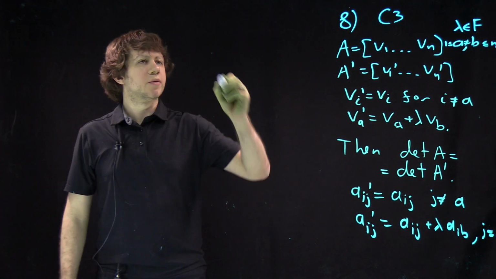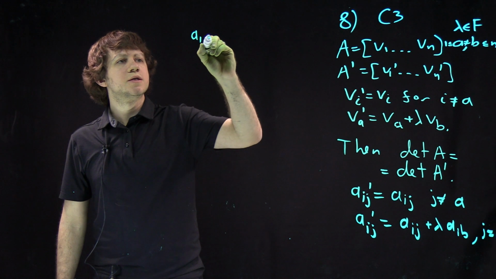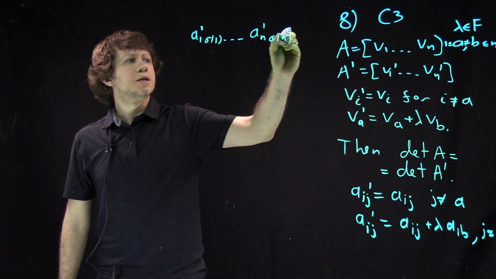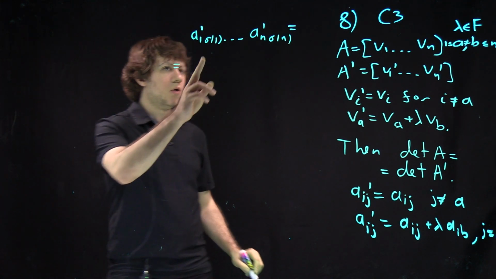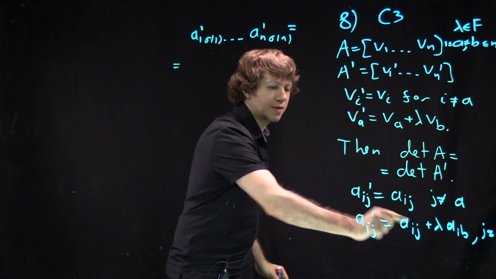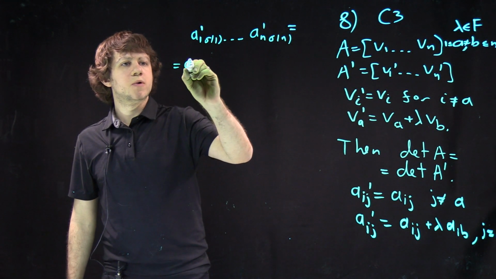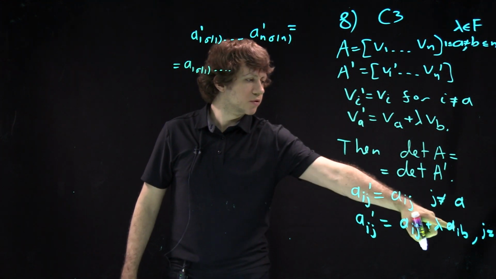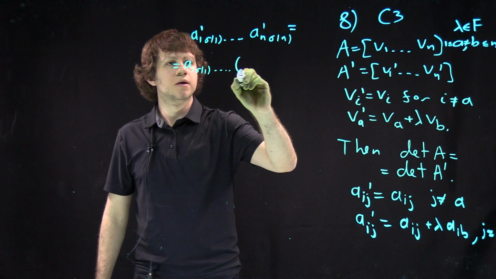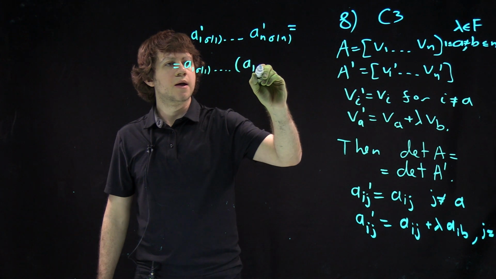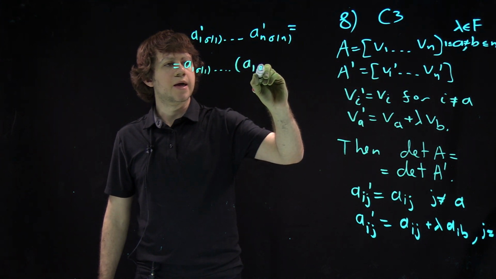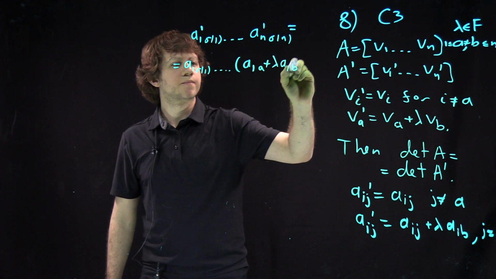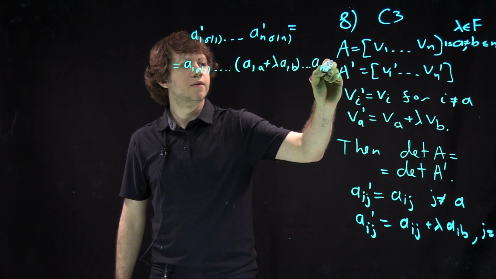And then let's look at the monomial. If you take the monomial A1 sigma of 1 to An sigma of n prime, then we know that all of them will be the same as without primes except one. So it equals A1 sigma of 1 and so on, and then we will have one term where j equals a, and this will be A1a plus lambda A1b, and then An sigma of n.